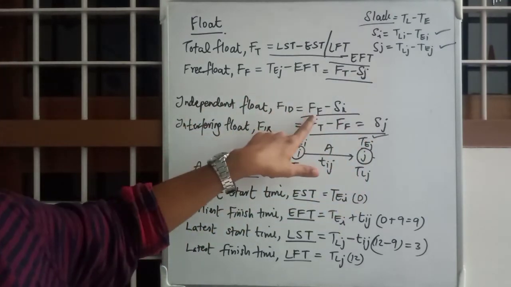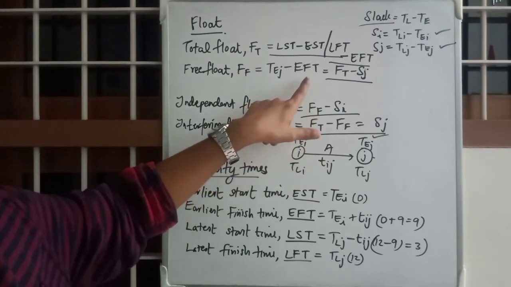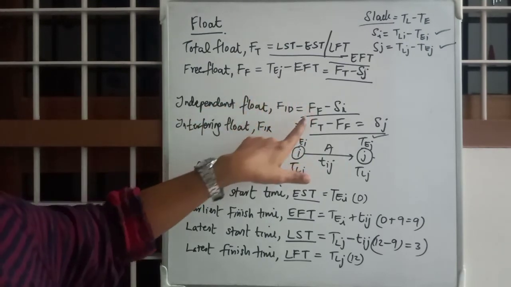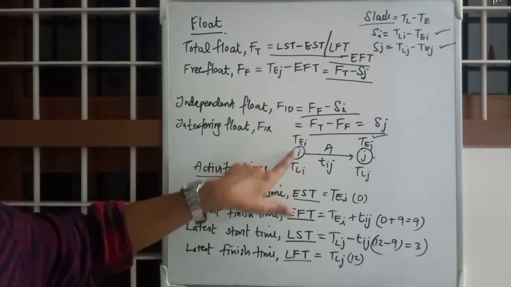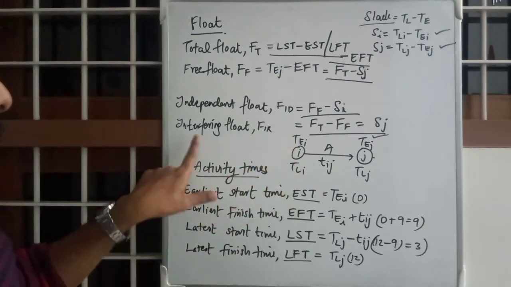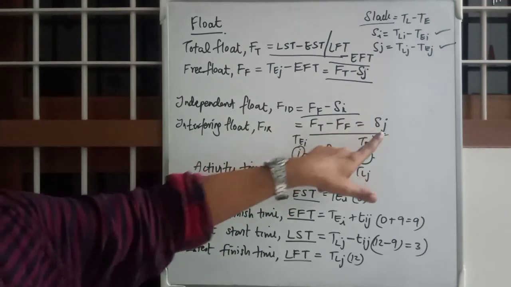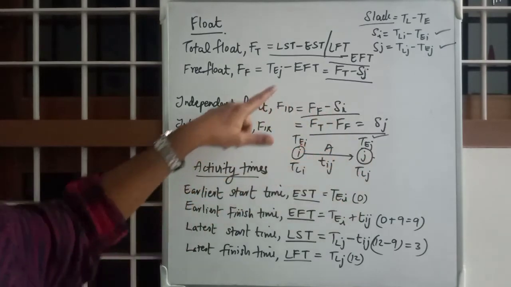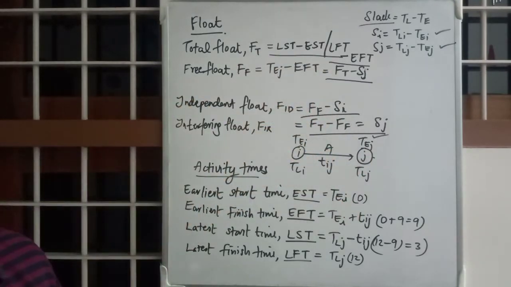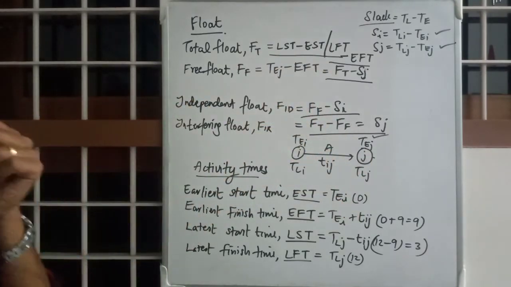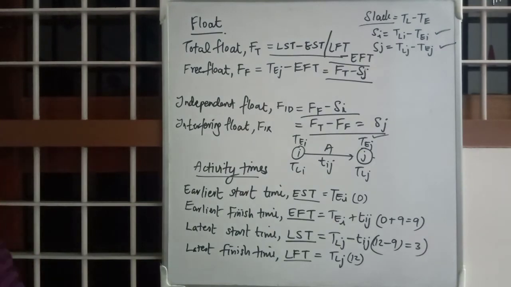Independent float is free float minus SI, where SI is the difference between these two. Interfering float is just SJ, or you can take the difference between these two. Okay, so I hope it's clear.